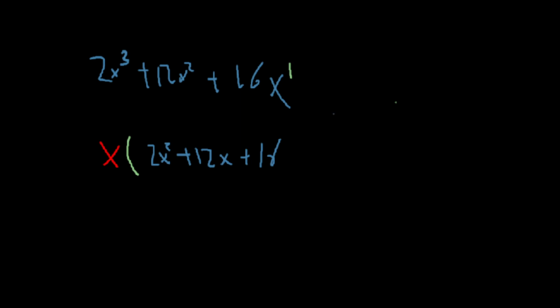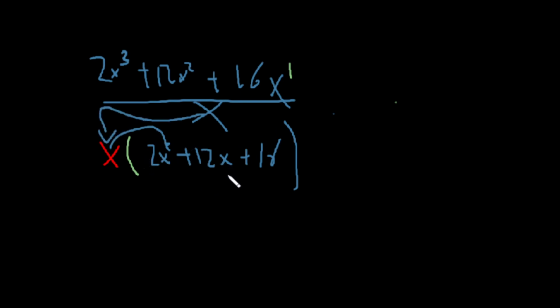Okay, so back to what I was saying. x out of here. So now we just divided x from every term here, divide by x, and then put this x as a multiplier, so we can multiply it back and get the same expression again.